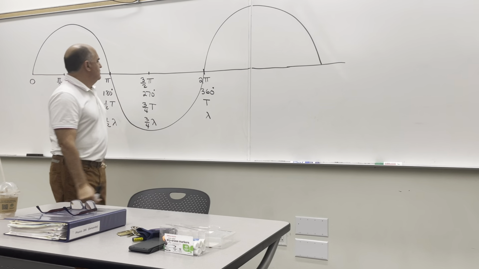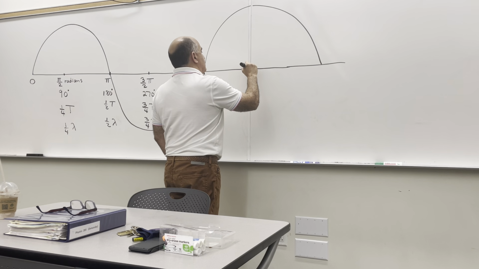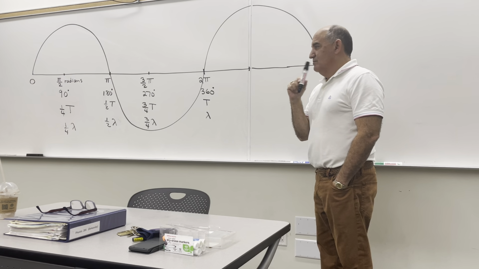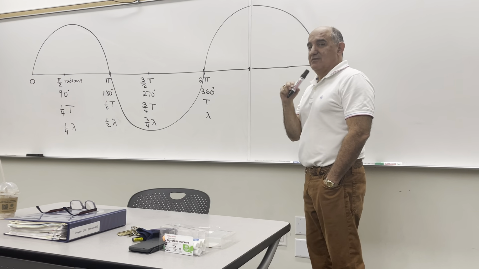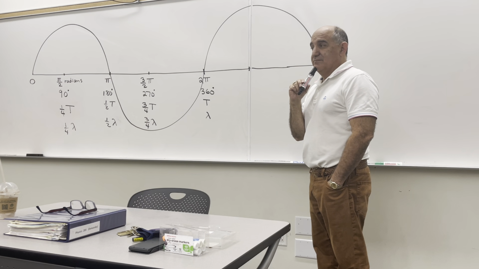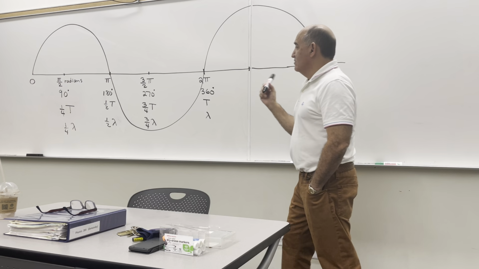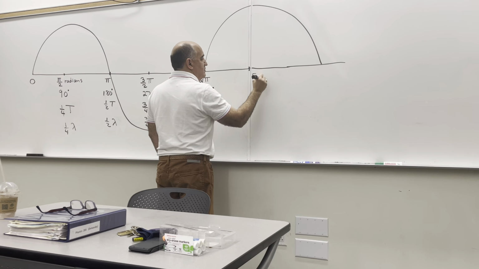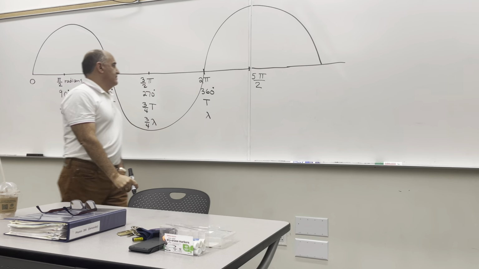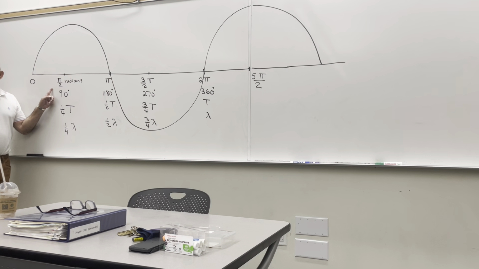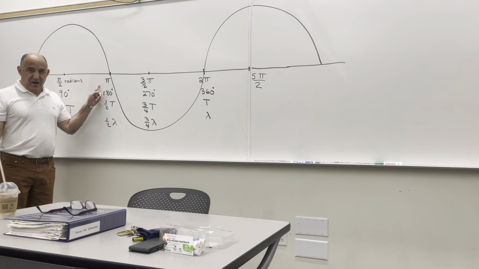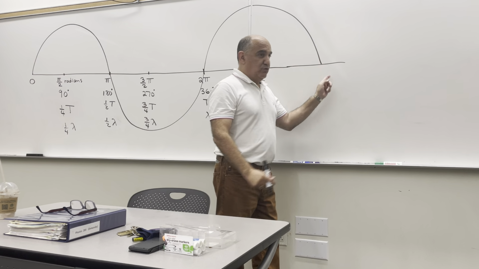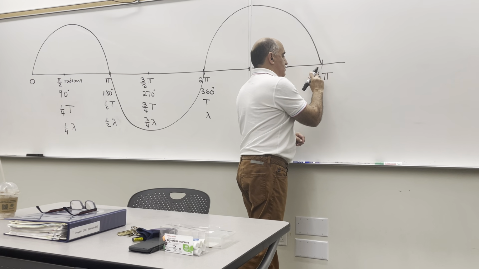What would this point be in terms of radians? Let's say that's the maximum there. Right? So 5 pi over 2, correct? In other words, 2.5 pi. This is 0.5 pi, pi, 1.5, 2 pi, 2.5 pi, 3 pi.